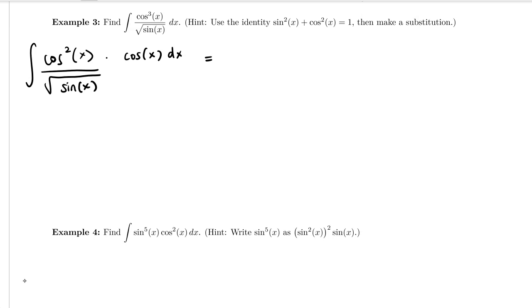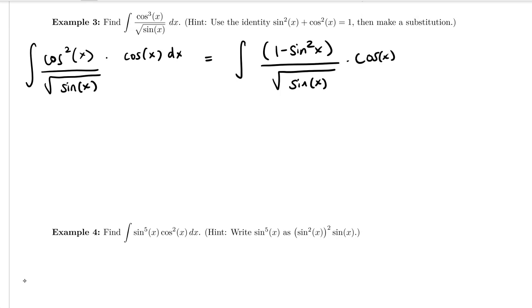And then if I use my Pythagorean identity, I can rewrite cosine squared as 1 minus sine squared. And now I'm going to go ahead and use u substitution. So I'm going to make u equal to sine of x. And then that gives us du is equal to cosine of x dx.